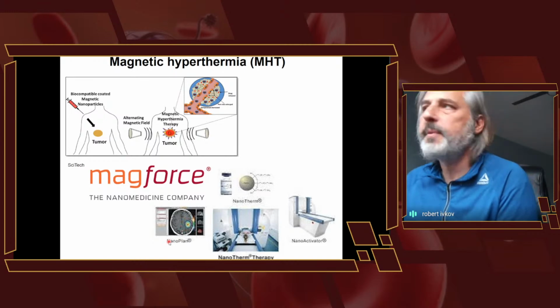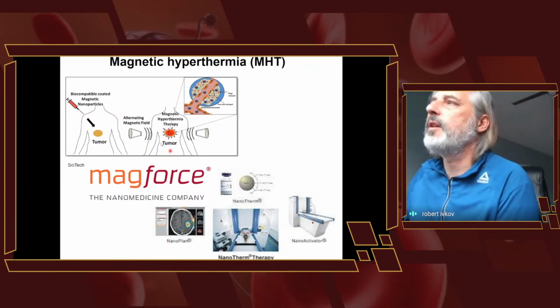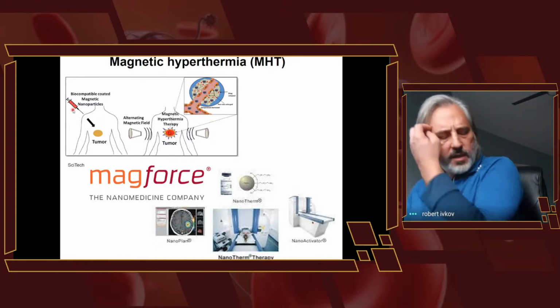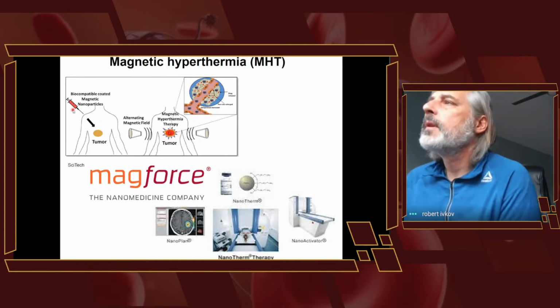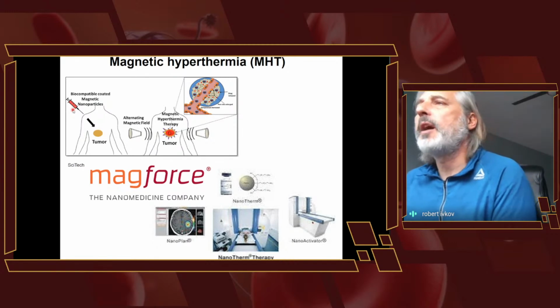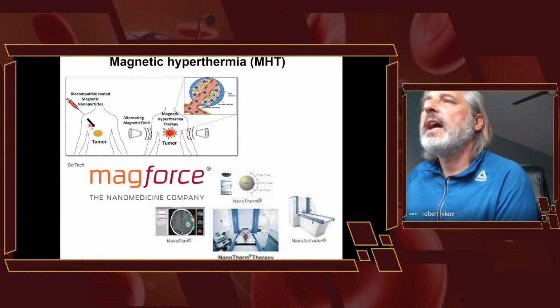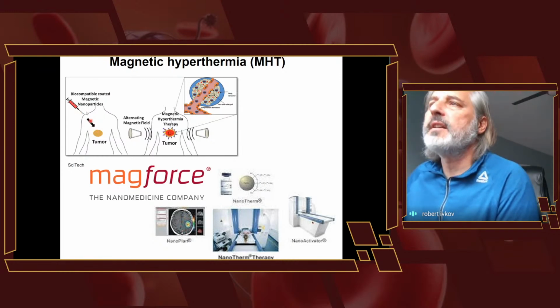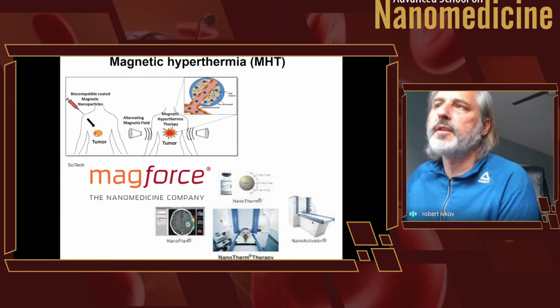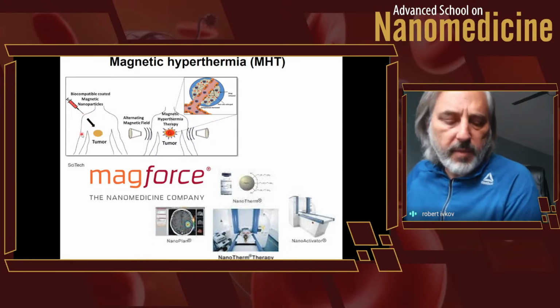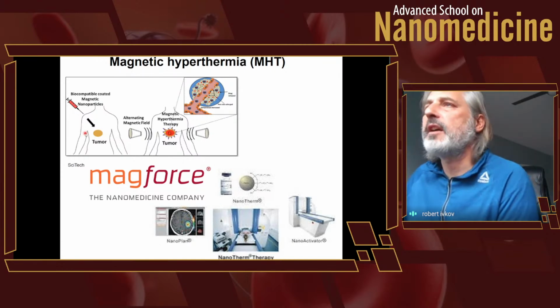The concept of magnetic hyperthermia is illustrated in this cartoon. We have a nanoparticle in suspension in a biocompatible fluid, water or sterile saline, and these are then delivered to the tumor, either directly injected into the tumor or, as in my talk yesterday, by intravenous injection.